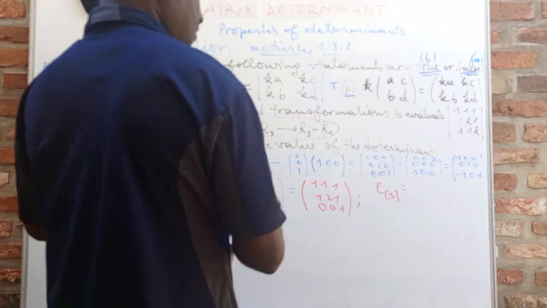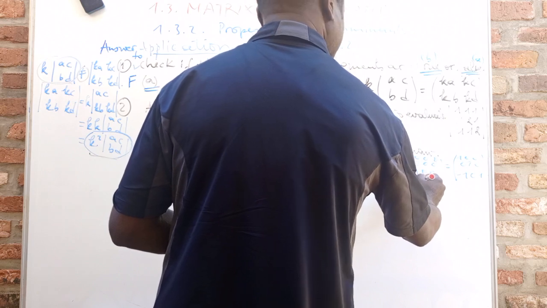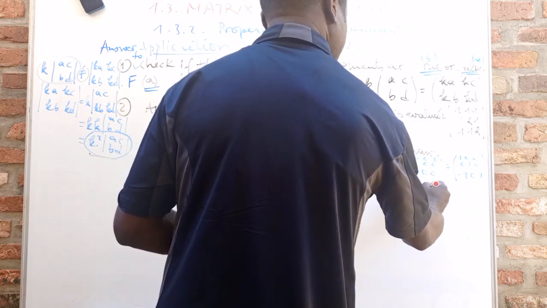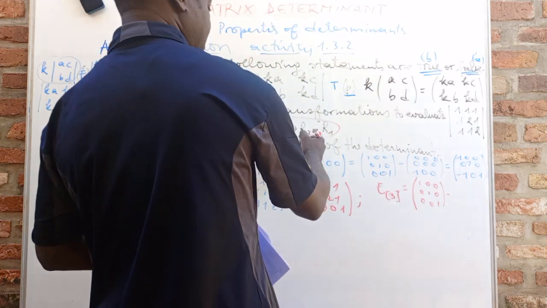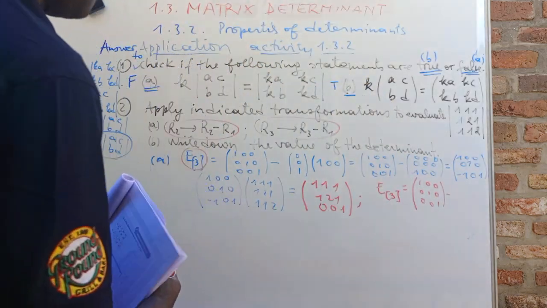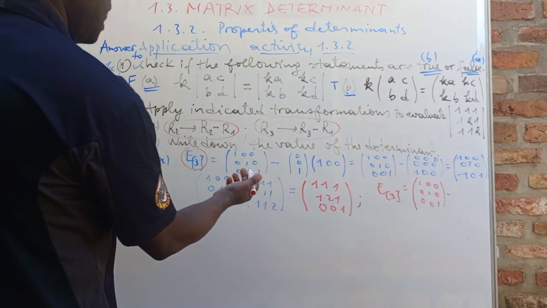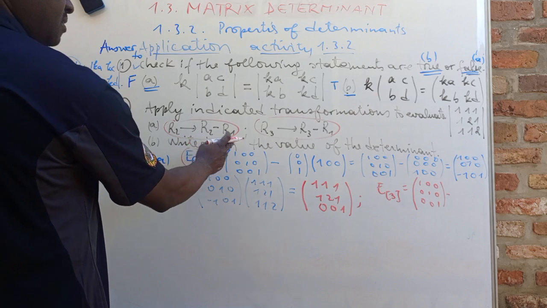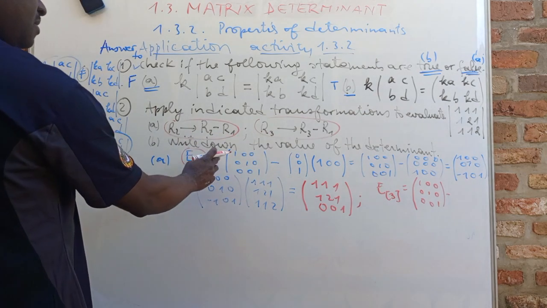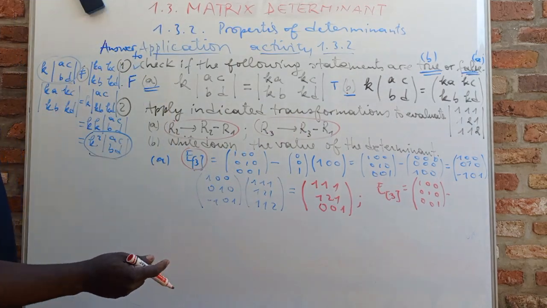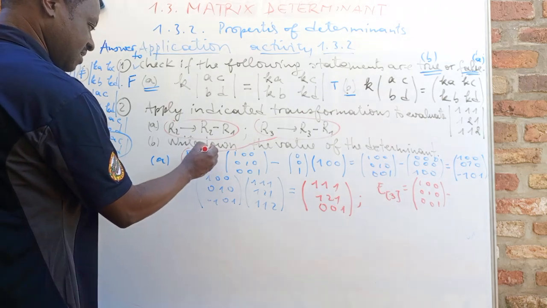So again, what matrix do we have? We will have the identity matrix minus now. That one was, let us see, no, that is not correct. This one, this transformation is, sorry, this transformation was according to this matrix.